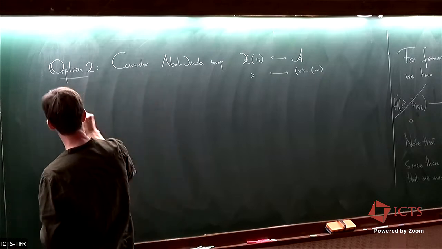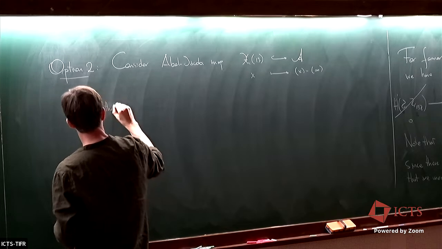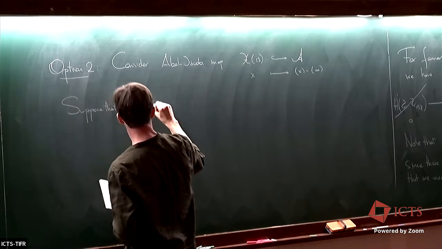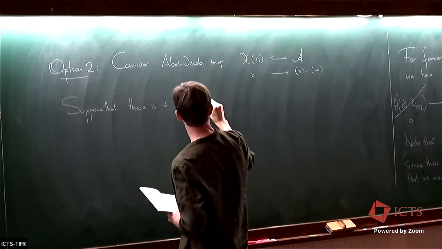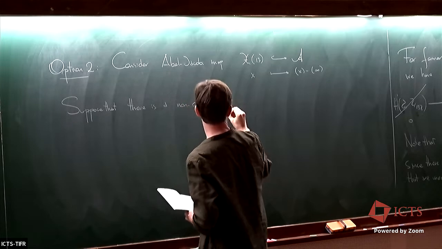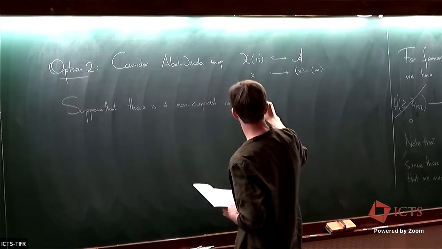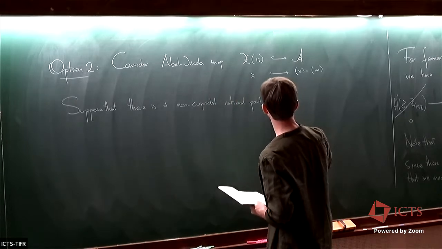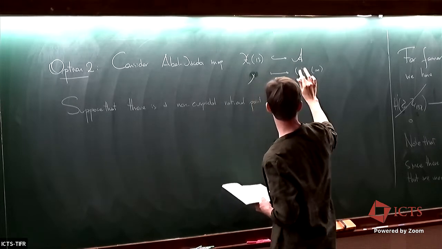And now suppose, for the sake of contradiction, that actually there is a non-cuspidal rational point. Let's call it x. I know I called this x, but I can change this one.